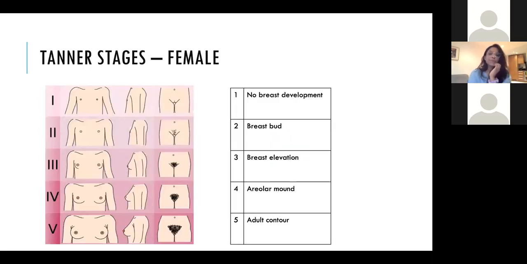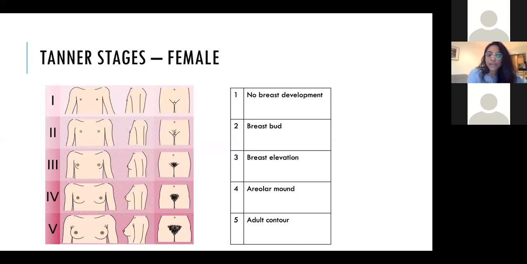And this is what we call Tanner staging. So this is really good because it is a consistent way of measuring a child's progression of puberty, essentially. So you need to know the different stages. Stage 1, basically, no breast development, no signs of puberty.